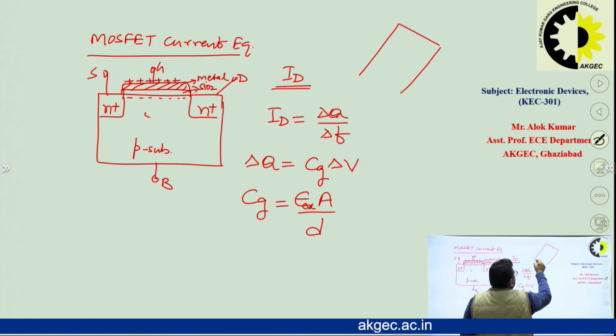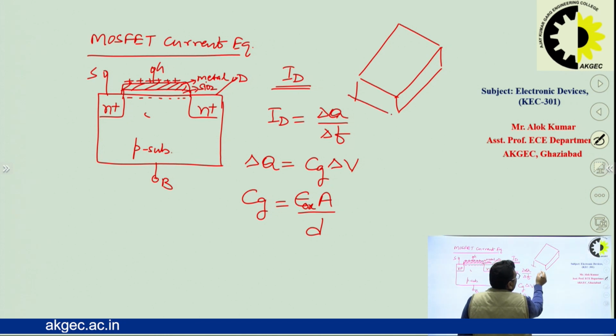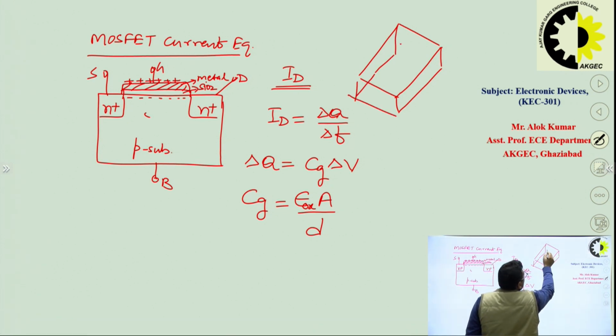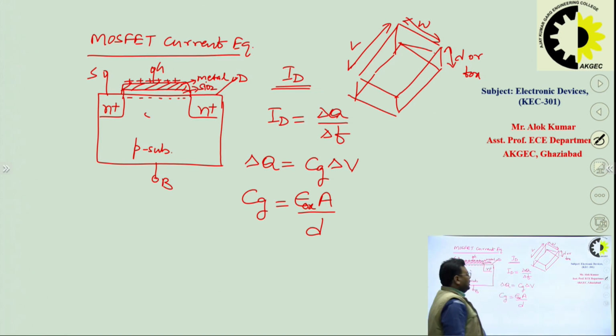suppose if this is the oxide, the length of the oxide is L, the width is W, and its depth is D, or we can say TOX, right.